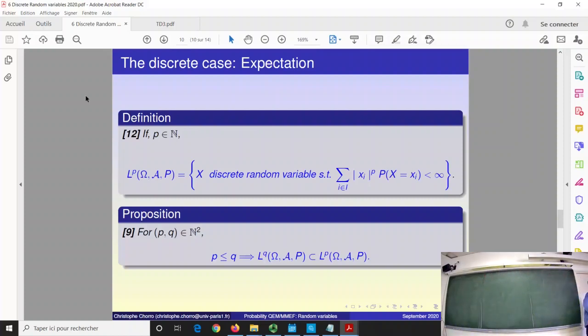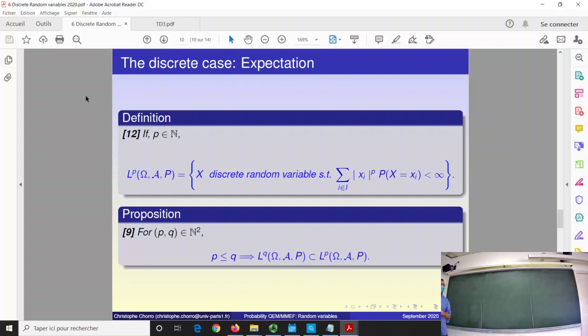Before defining it, we are going to introduce some sets of random variables. These are the sets on which the expectation will be well defined, because you are going to see that an expectation is defined through a sum that can be infinite or even not well defined. So I have to restrict myself to particular cases in order to compute expectation.